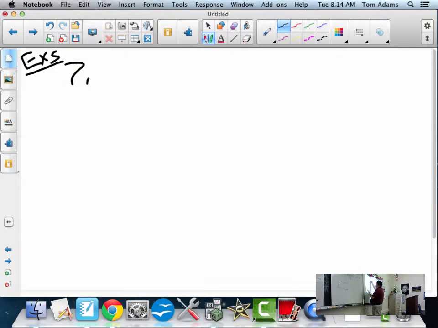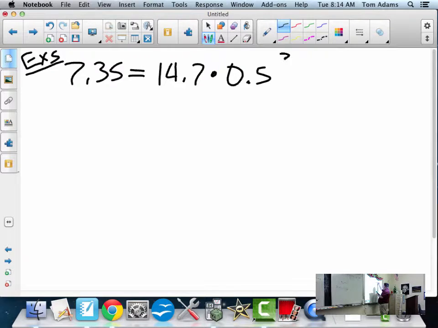They have this model of 7.35 equals 14.7 times the quantity 0.5 to the power of t divided by 3.6, all right?